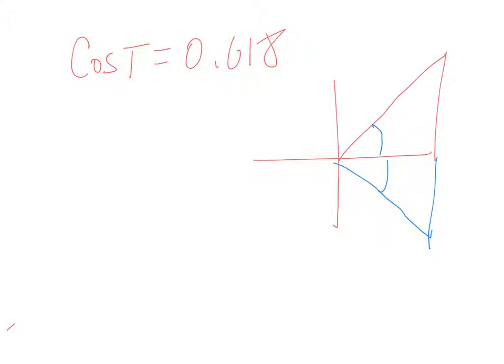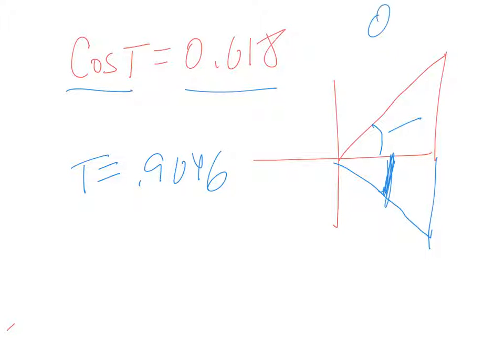Now if I do the arc cosine of this, that'll tell me that angle in quadrant 1. So arc cosine of 0.618, I came up with t equals 0.9046. And of course this reference angle will be exactly the same, and they're looking between 0 and 2 pi for solutions.